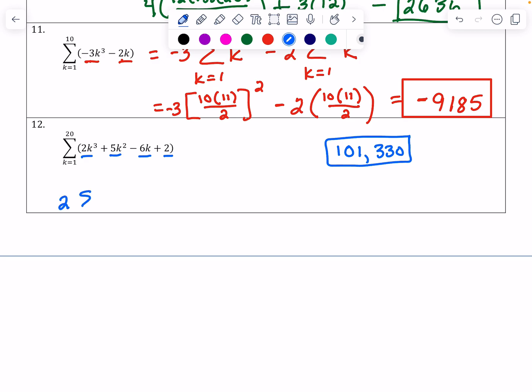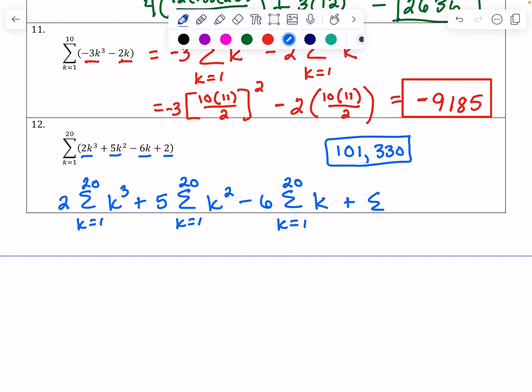So it looks like this. The sum from k equals 1 to 20 of k cubed, plus 5 times the sum from k equals 1 to 20 of k squared, minus 6 times the sum from k equals 1 to 20 of k, plus the sum from k equals 1 to 20 of 2.